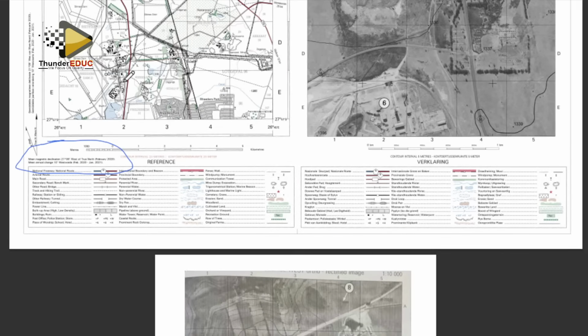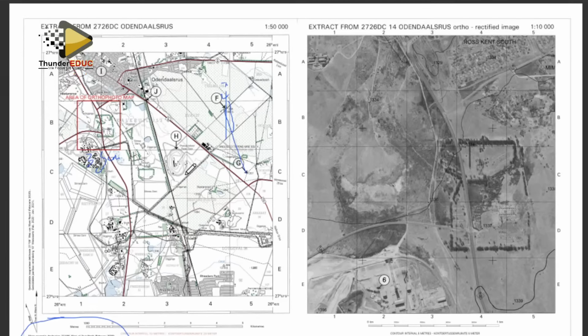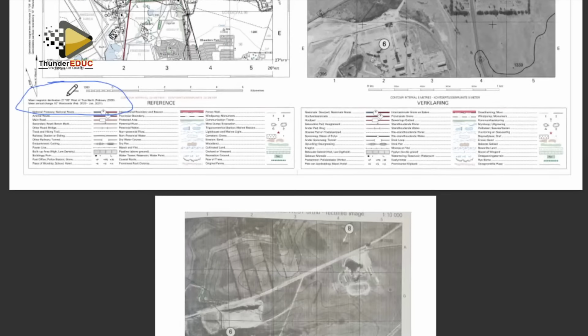Let us go back to the map. We check here. It is 21 degrees. I don't know if it is clear for you there, but I'm trying to read what is here. It is 21 minutes. Maybe it is 21 degrees 00 minutes. So if that is the case, well, then we come here.